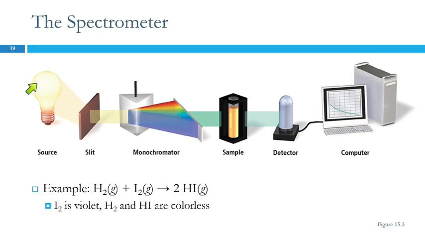So you have a light source, and you take just part of that, and then you run it through a prism to separate it into the different wavelengths. The monochromator is another slit, basically, and here that slit is only letting the green light pass through. So the green light goes through the sample, and then we have a detector.